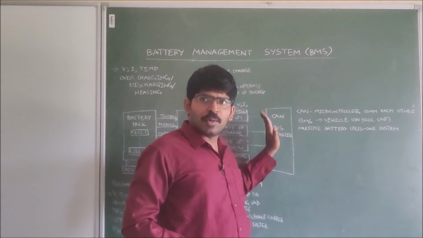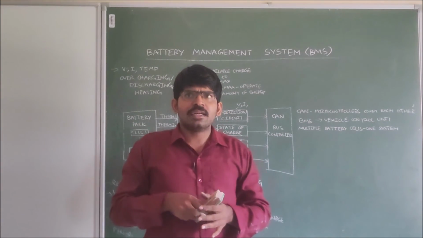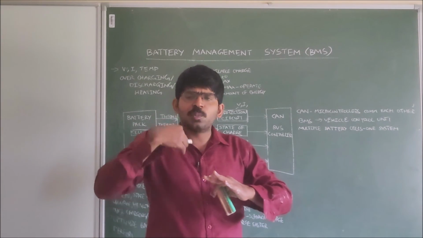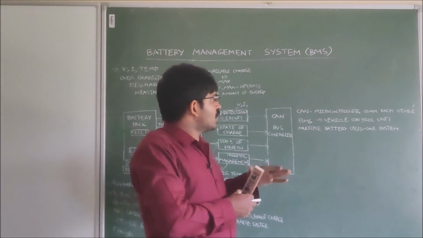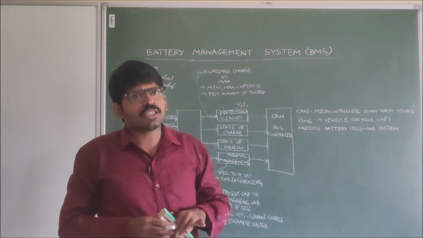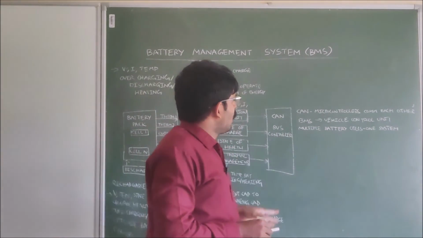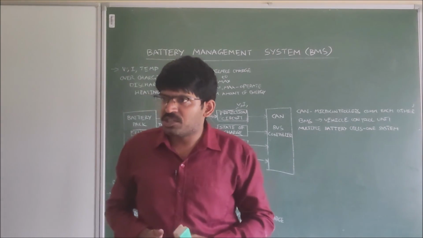From this bus only, that information will be interacted. So the display communication unit and these cells, they interact by using this CAN. So in order to interact many microcontrollers, we use this CAN. This is how we are using a battery management system.